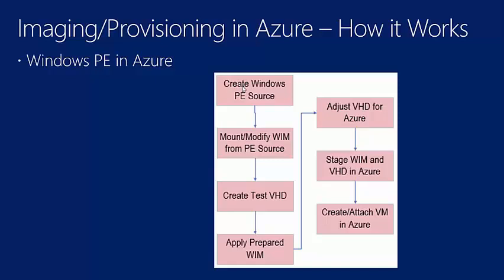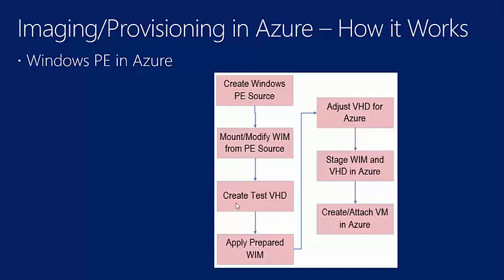Once we have the source, then we want to mount the WIM specifically from the PE source, and we're going to modify that WIM again to add some pieces if we want to, need to, that we will then use going forward. So we'll mount that. Once we have the WIM modified, we're going to create a test VHD, right?